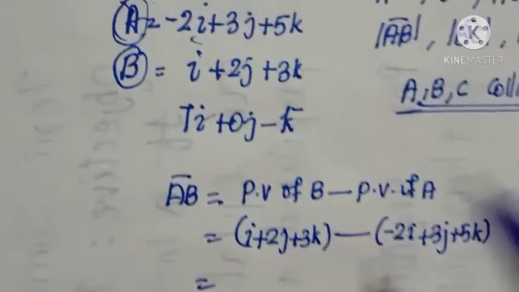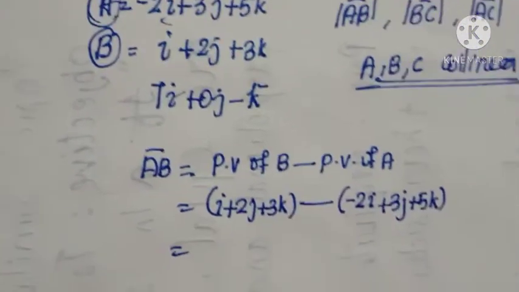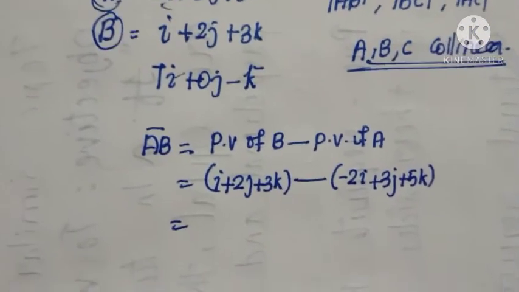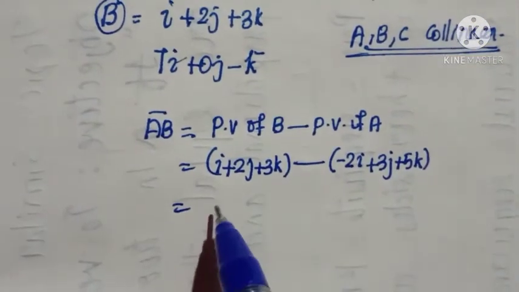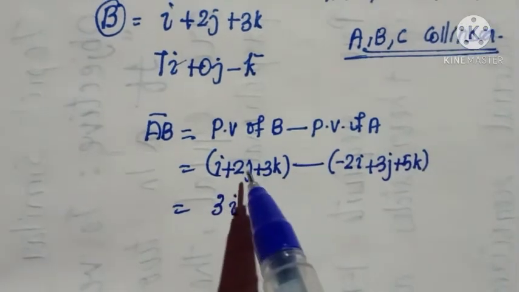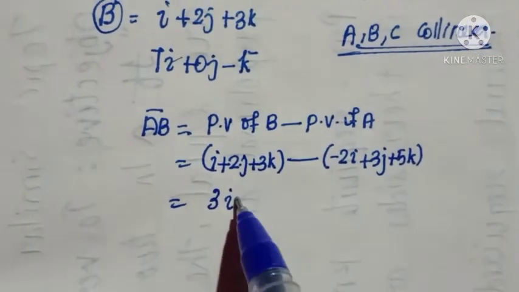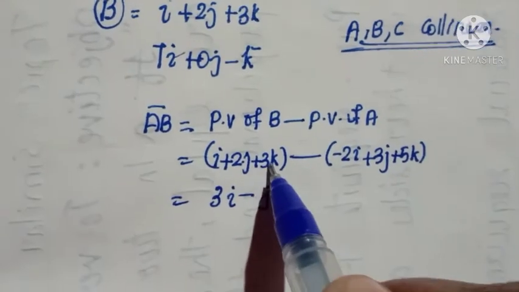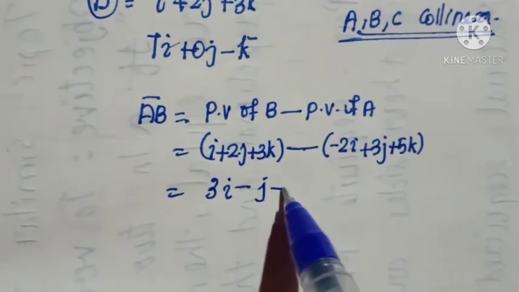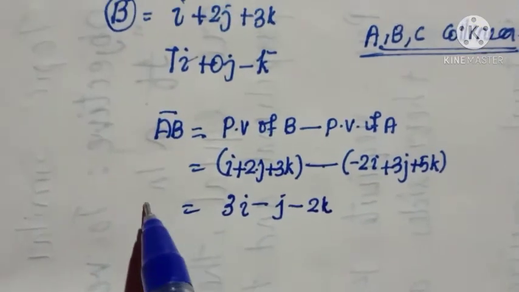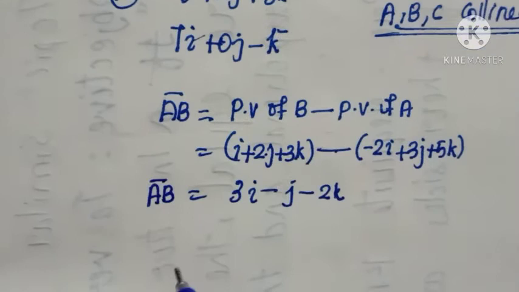Now subtract. I minus minus 2I, minus of minus plus, so I plus 2I, 3I. 2J minus 3J, minus J. 3K minus 5K, minus 2K. Okay. So this is vector AB.